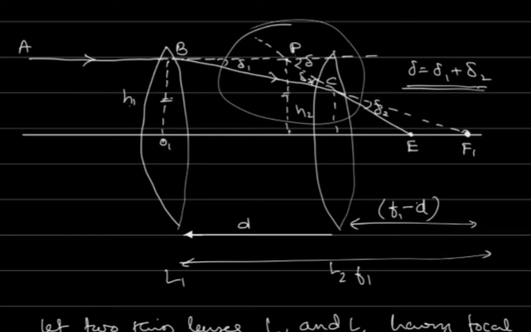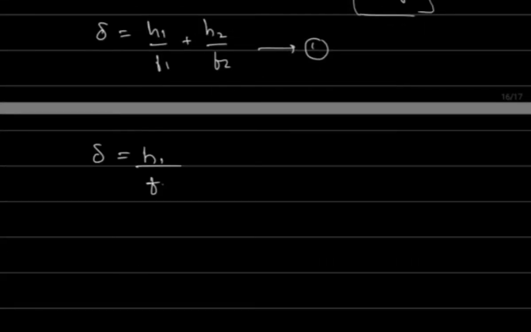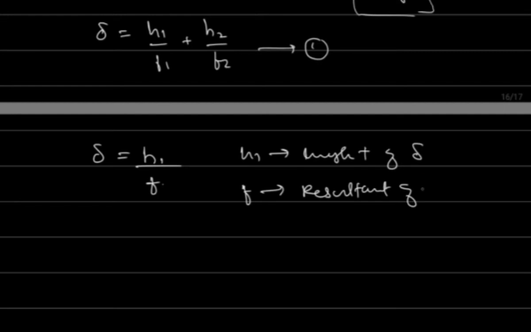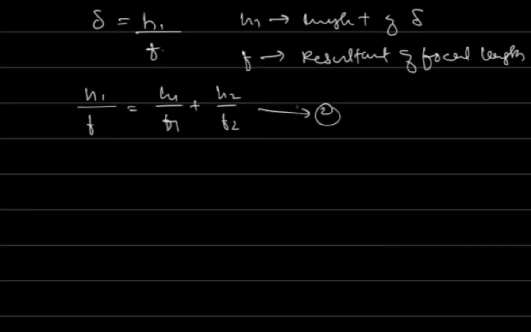So therefore h1 divided by f. Now h1 is the height and f is the resultant focal length of the system. So equation 1 becomes h1 divided by f equals h1 divided by f1 plus h2 divided by f2. So this is equation 2.